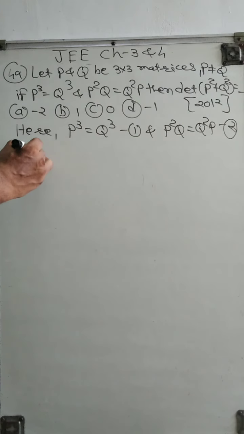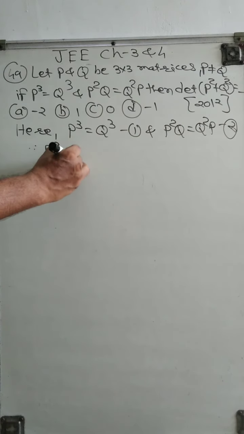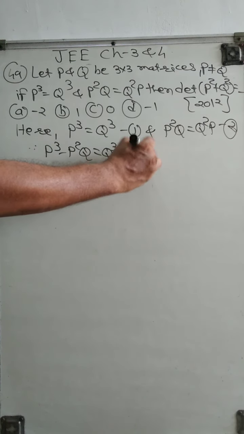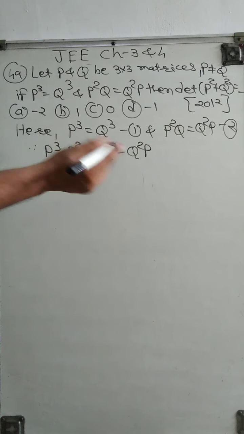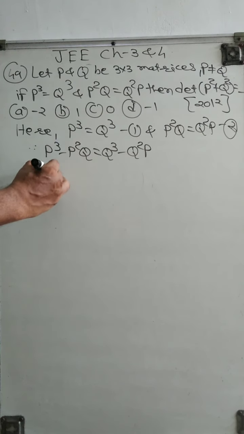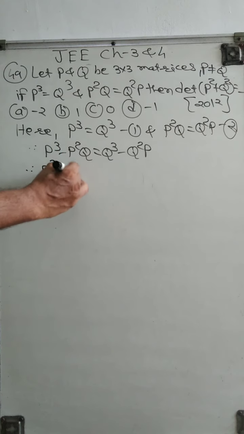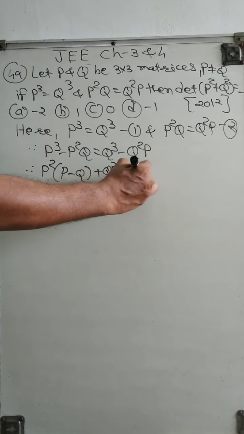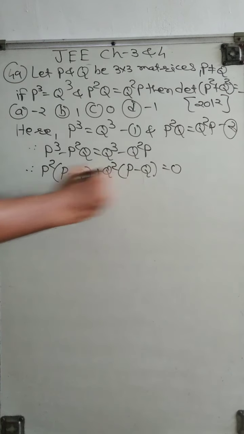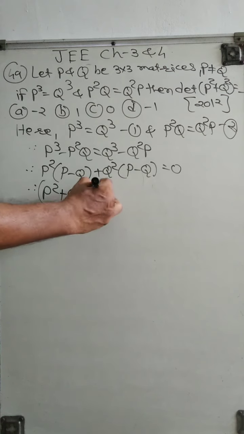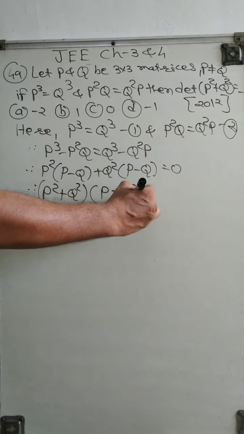We take the subtraction of both the results: P cube minus P square Q is equal to Q cube minus Q square P. Now we take all the terms to one side. P square common from these two means P minus Q, plus Q square common from these two means P minus Q is left. Therefore, either P square plus Q square is equal to 0 or P minus Q is 0.